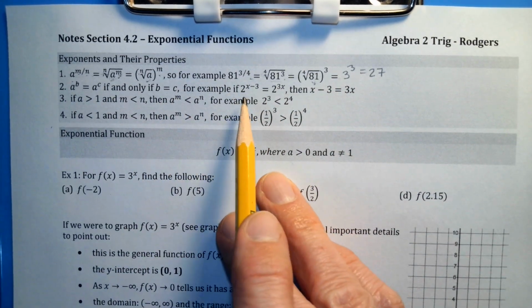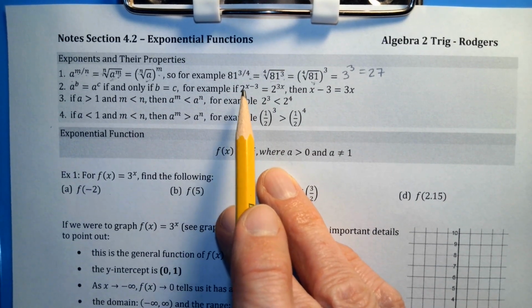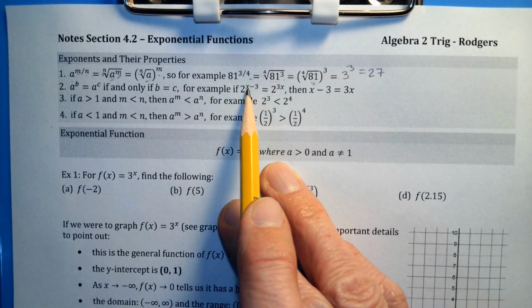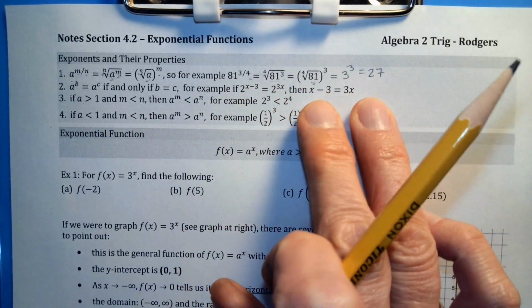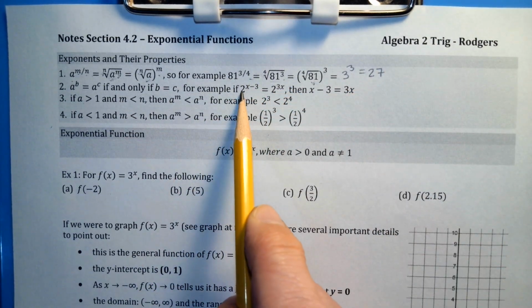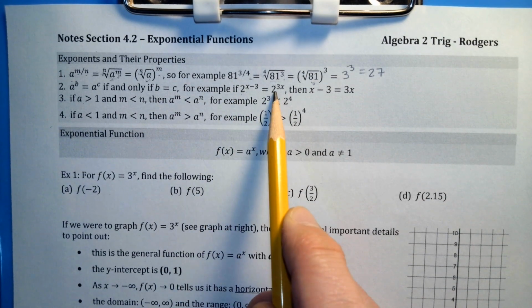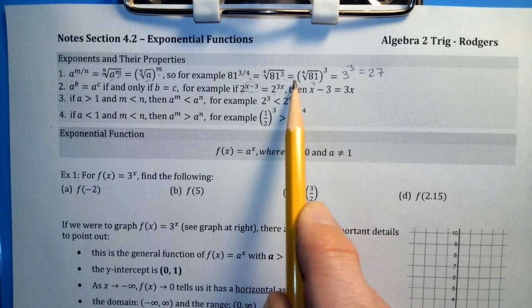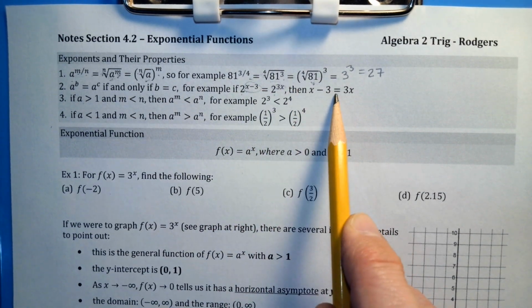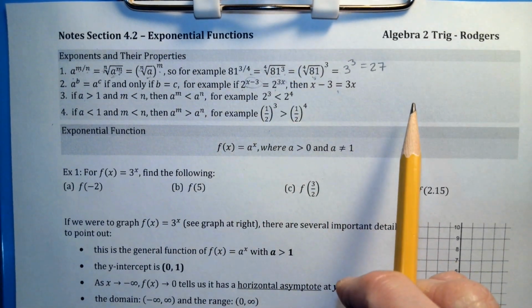So if we have variables in the exponents, we can pull those variables out of the exponent if the two bases are the same. So the two bases are the same, and we can set this exponent equal to this exponent, and then just solve that equation.